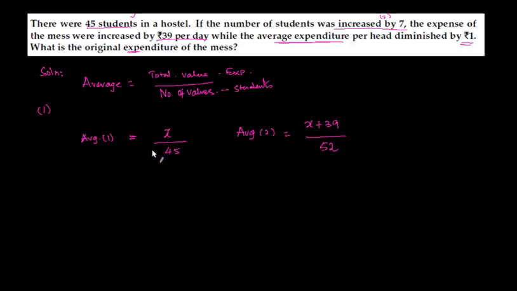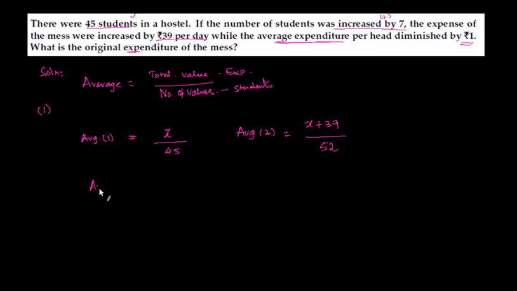Another piece of data is given, that the average expenditure per head diminished by rupees 1 in scenario 2. So average 1 is 1 more than average 2, or average 2 is 1 less than average 1.